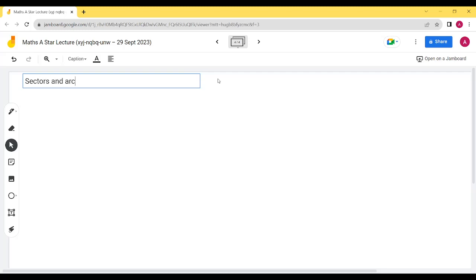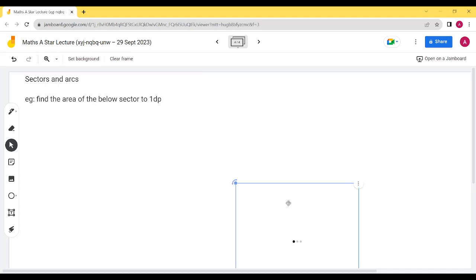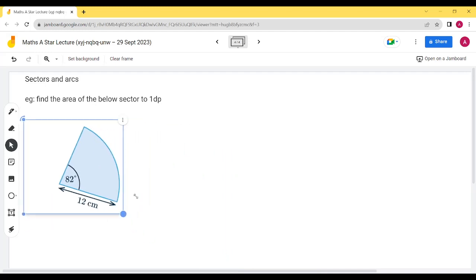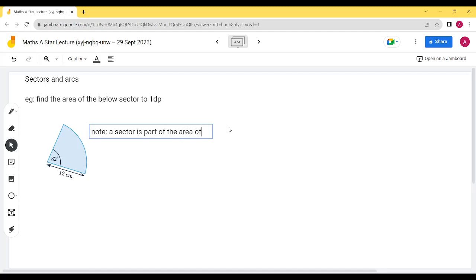Sectors and arcs. So e.g. we're going to have find the area of the below sector to one decimal place. And the thing to remember for if you're working out a sector, so as mentioned on the first screen earlier today, a sector is part of the area of a circle.